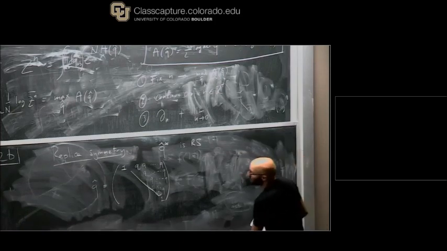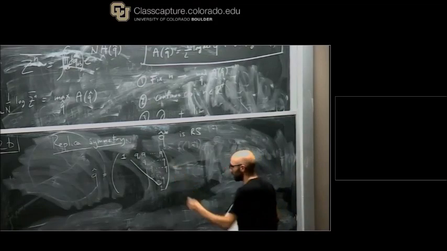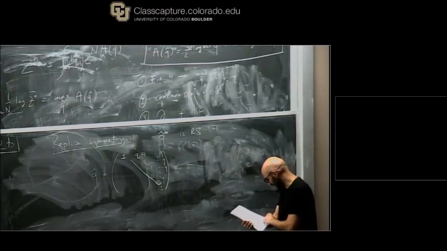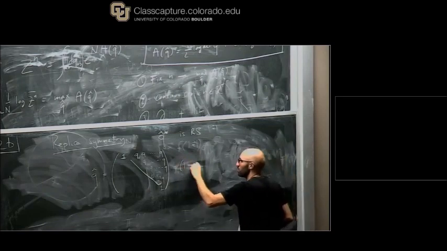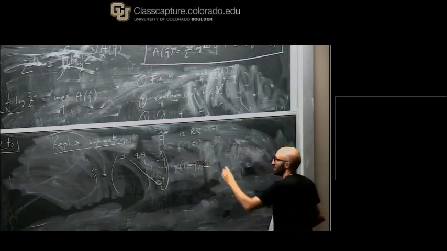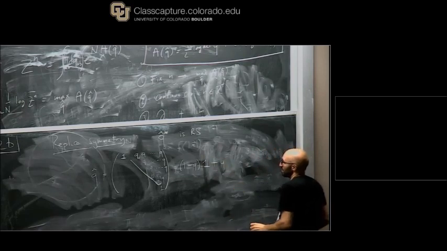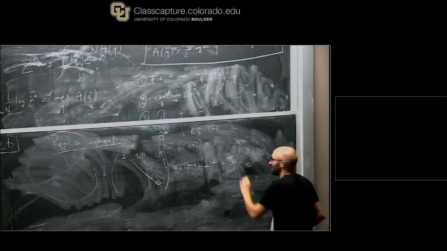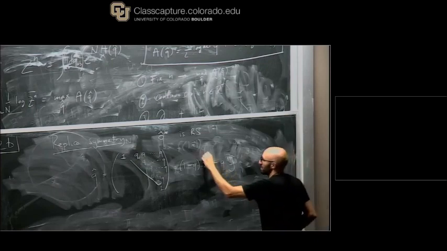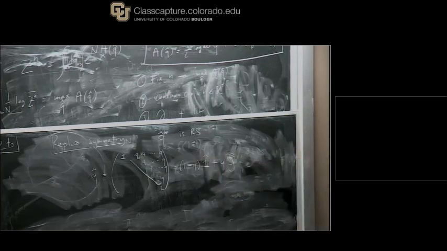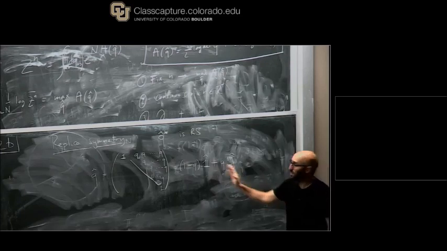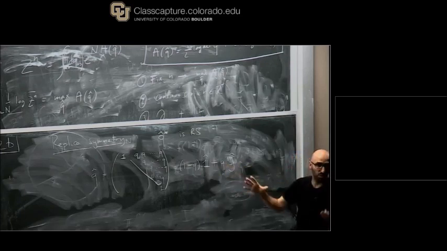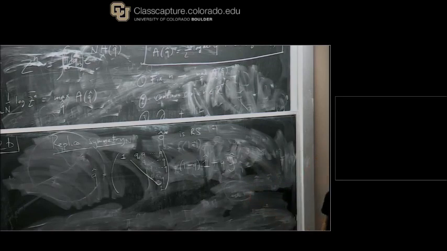When you have a matrix like this, let me write it for future reference as 1 minus Q times the identity matrix plus Q times J, where J is the matrix with all ones. So in general, a replica symmetric matrix is always a linear combination of the identity plus the matrix with all ones.